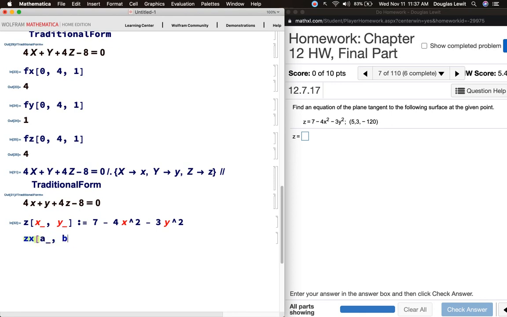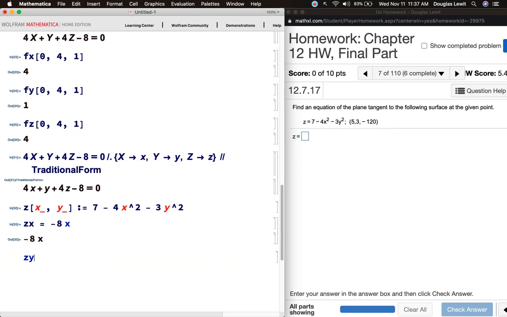I'm not even going to define this as a function. The partial derivative of z with respect to x is simply going to be negative 8x. And the partial derivative of z with respect to y is simply going to be negative 6y.